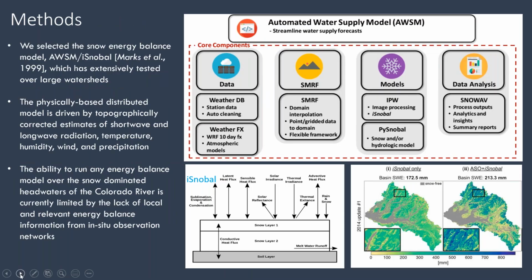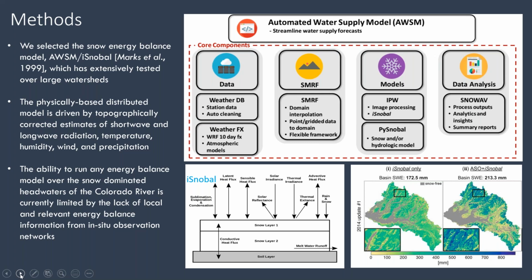Okay, so we selected the snow energy balance model that is known as iSnobal, and it's the core of the Automated Water Supply model, which has been extensively tested over large watersheds. So this is really a workhorse model. It's used by multiple groups to represent snow energy balance and snowpack outflow.